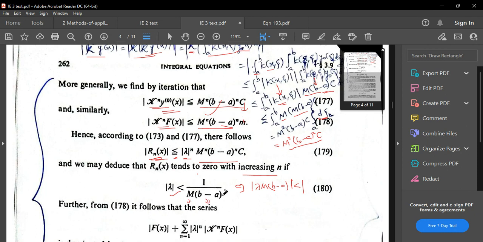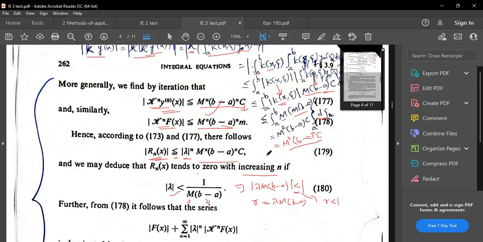So if we insert modulus, the modulus will not change our inclusions or inequalities. So what will we get? Taking some small r equal to mod lambda M into (b minus a), we will get here small r less than 1.